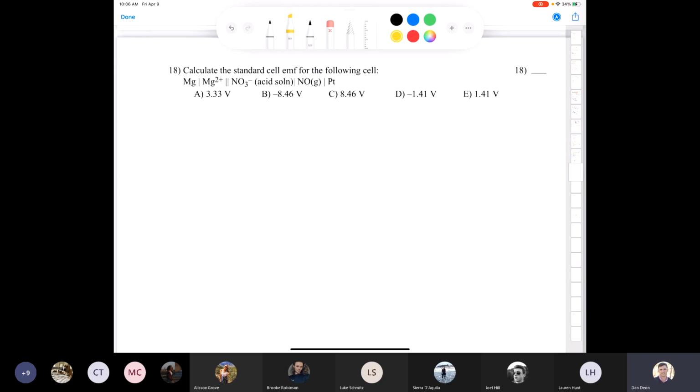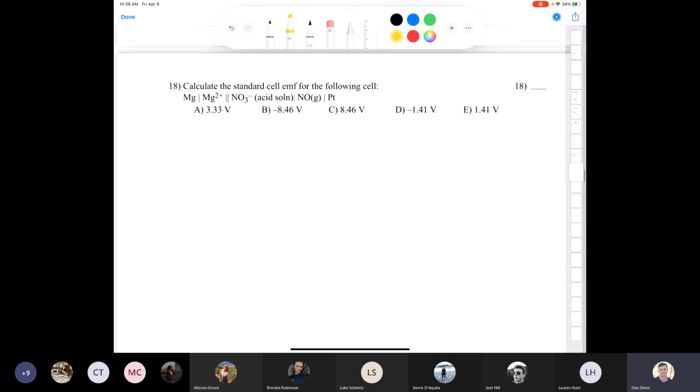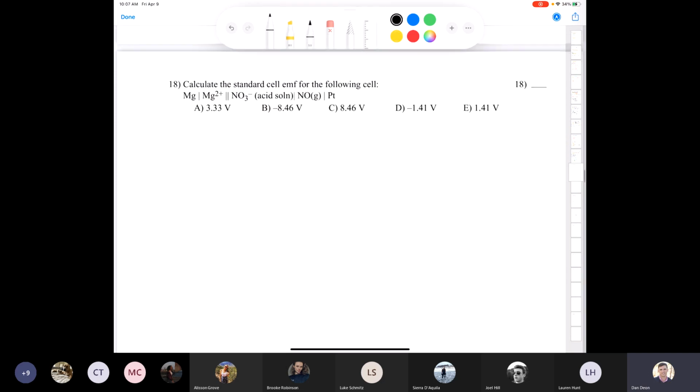Calculate the standard cell EMF, which is just the same thing as standard cell potential. I had that on one of my slides. The cell EMF is the same thing as the standard cell potential for the following cells. We have magnesium in Mg2+, nitrate ion in an acidic solution, NO gas, and a platinum electrode.